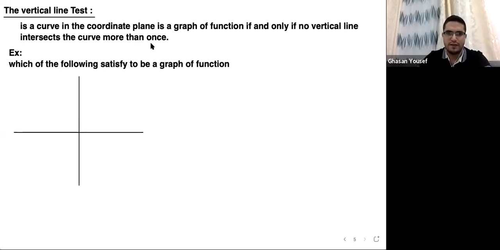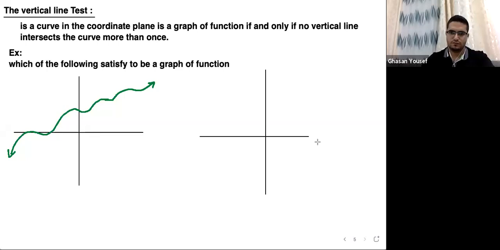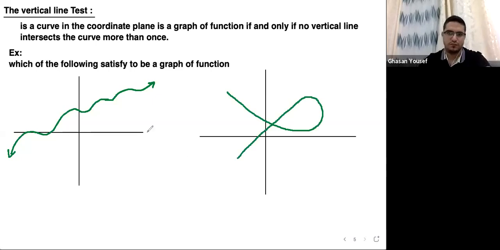Suppose I have a curve like this. This is the first graph, and I also have another graph like this.